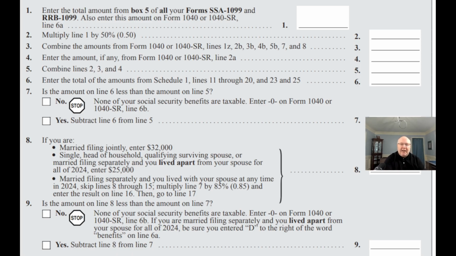All right, now after we get through that, you can see the things that we're looking at. 50% is where we start out with our Social Security, so we're only going to include 50% there. You can see from when we were talking before, we're taking lines 1, all the way up, 2B, 3B, 4B, 5B, 7, and 8. So we're calculating all those together. Now remember, when we were talking about 2A, and 2A was interest, but that's tax-exempt interest, and we said, well, that's not initially included, right?